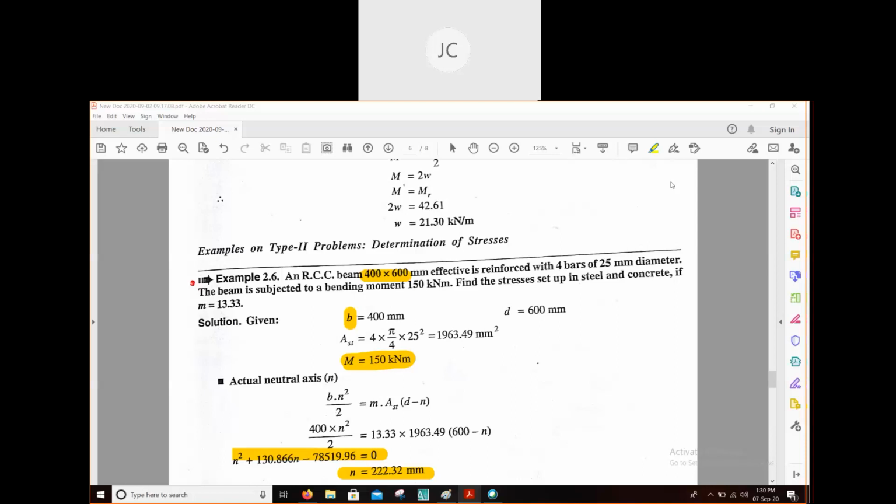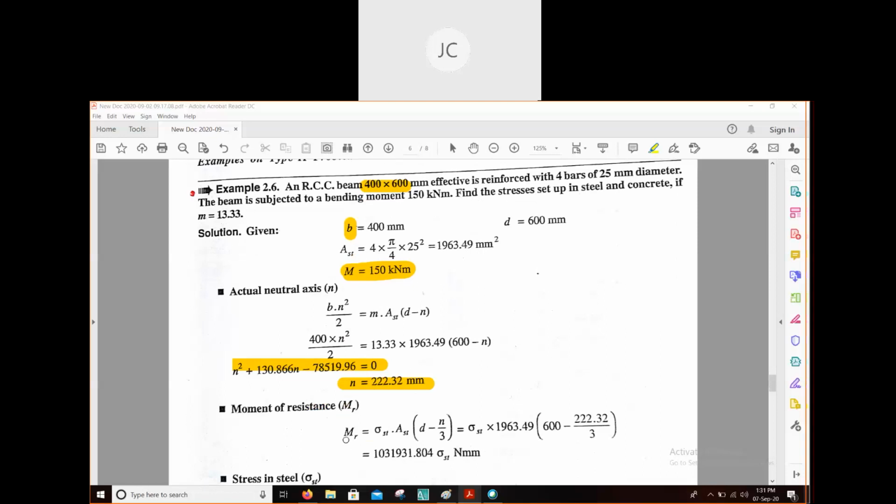So we will use the equation of an under reinforced section to find the moment of resistance. This is the equation for an under reinforced section.